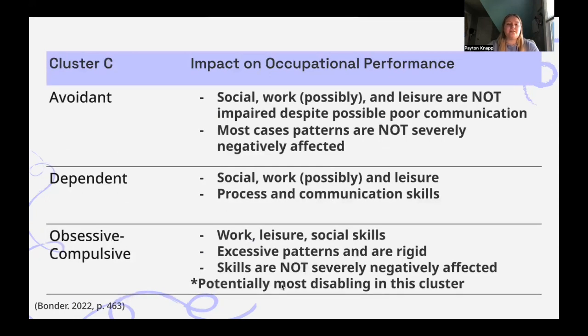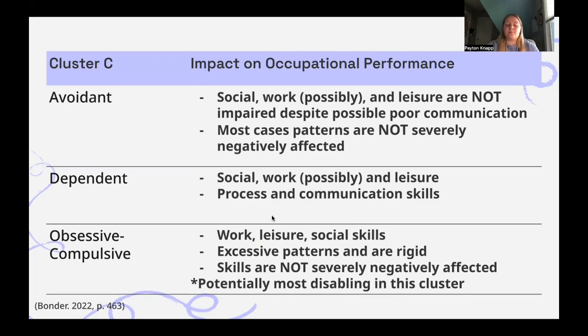And then for cluster C, avoidant, social, and possibly work and leisure are not impaired despite the common lack of communication skills with this personality disorder. And in most cases, patterns are not severely negatively affected. For dependent, social and possibly work and leisure will be impacted, and so will processing communication skills again.